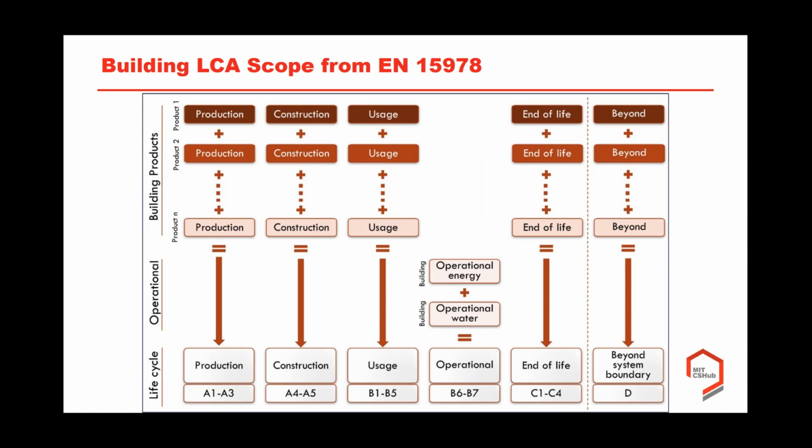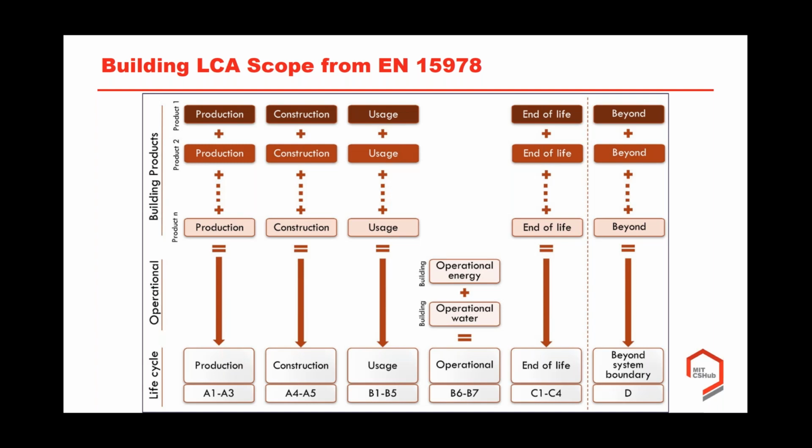Now, within the building community, there has been quite a bit of work done to try to get some conventions to allow us to use a similar language when it comes to life cycle assessment. And a common standard comes out of Europe, the European standard EN 15978.